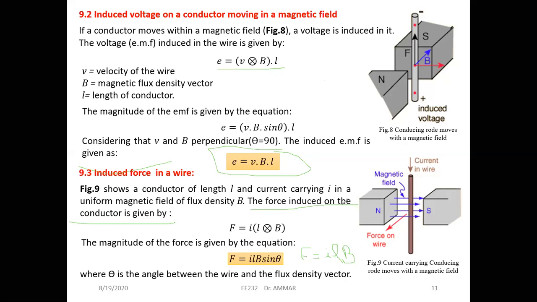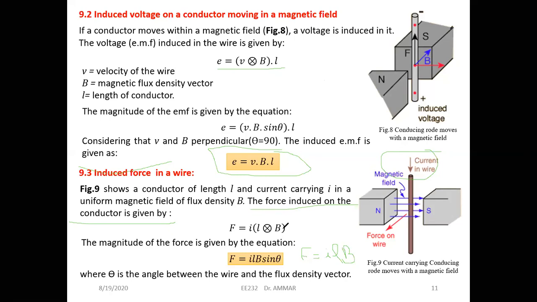So let's repeat. In this case, case number 3, if we have a conductor within a magnetic field and the current is flowing through this conductor, a force will be induced in this conductor. Okay, so this is the principle of the motor.